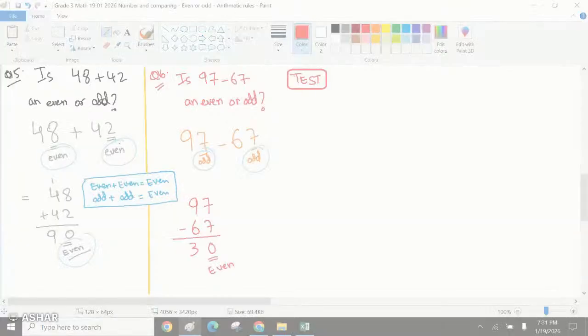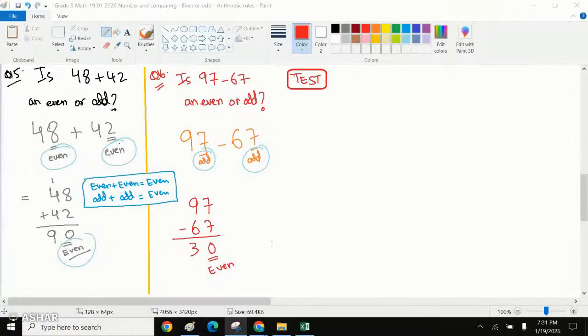The first question says, is 12 minus 7 even or odd? Very, very simple. Is it even or is it odd?